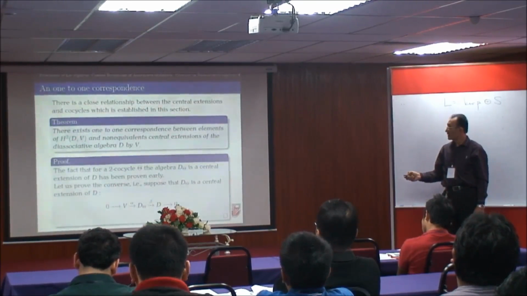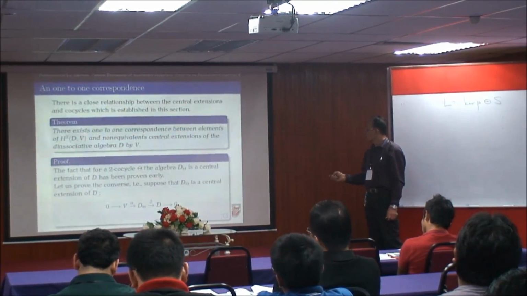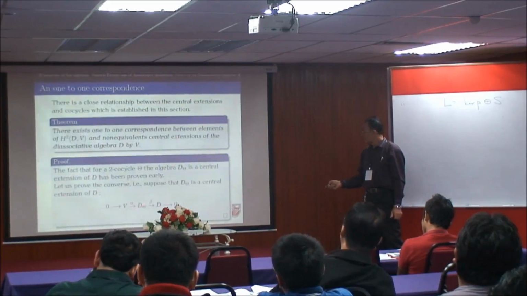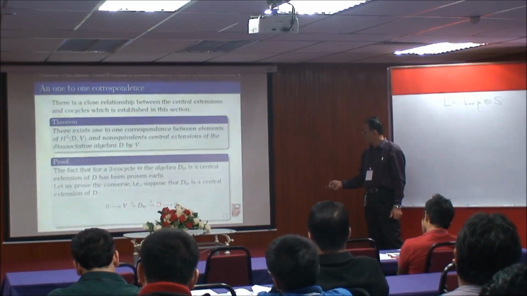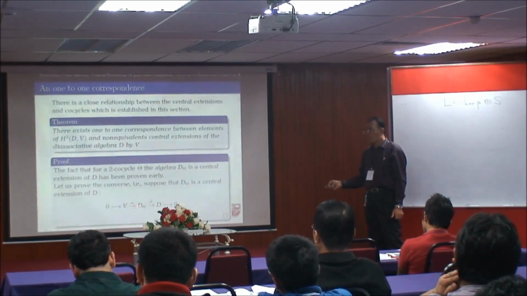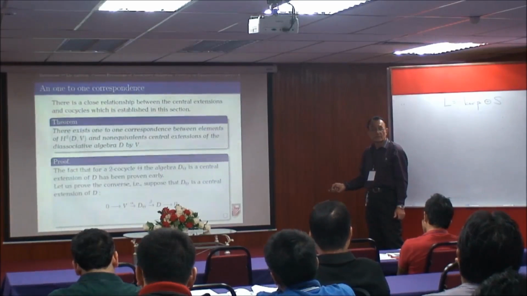For each element of Z2(D,V), you can construct such an algebra D theta. D theta is an extension of D, because the dimension of course will be more, if this is not trivial.